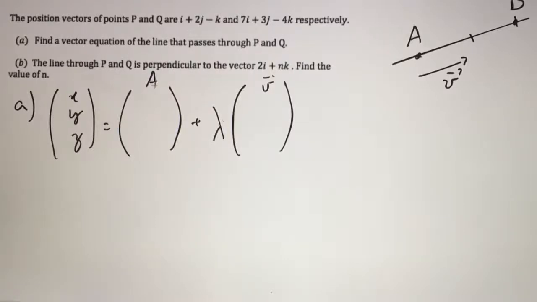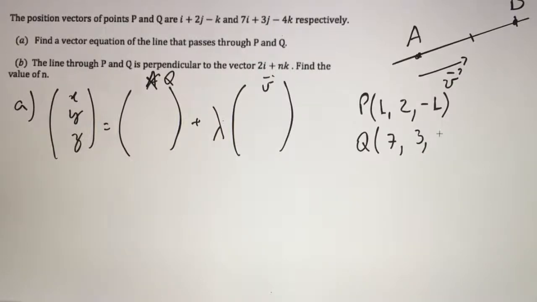So instead of A, I can use perhaps point Q, and I know that the positions are: P is 1 in the i direction, 2 in the j direction, -1 in the k direction, whereas Q is 7 in the i direction, 3 in the j direction, -4 in the k direction. So I can use any of them. I chose Q, so I'm going to put here 7, 3, -4, plus a multiple of a vector that gives a direction.